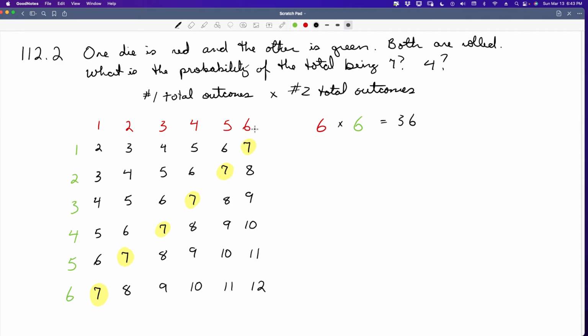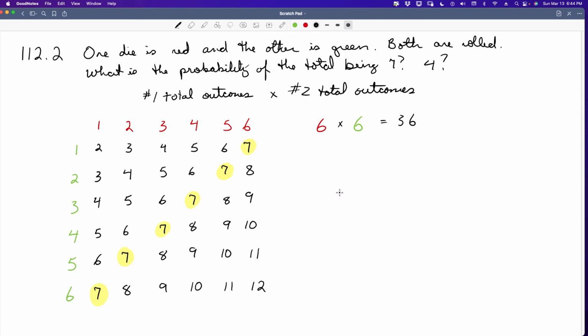If the red dice was on 6 and the green dice was on 1, if the red dice was on 5 and the green dice was on 2, if the red dice was on 4 and the green dice was on 3, if the red dice was on 3 and the green dice was on 4, if the red dice was on 2 and the green dice was on 5, and if the red dice was on 1 and the green one was on 6. Those are our 6 possible outcomes.